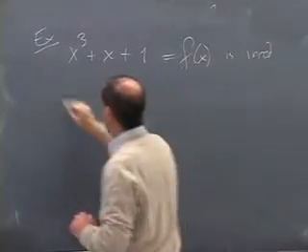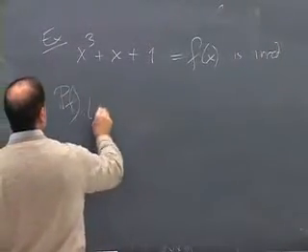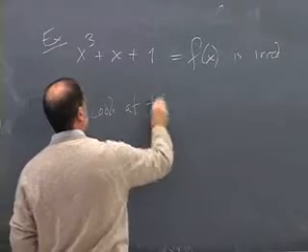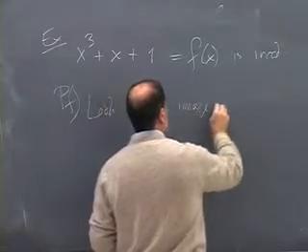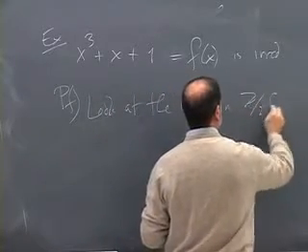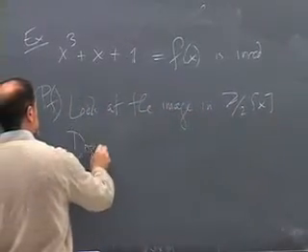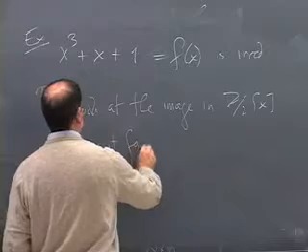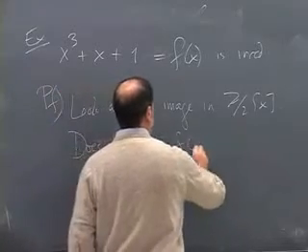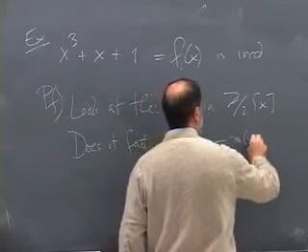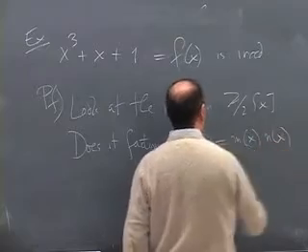Proof. Look at the image in Z mod 2 of x. Does it factor? f(x) is, say, m(x) times n(x). Well, this is of degree 3.